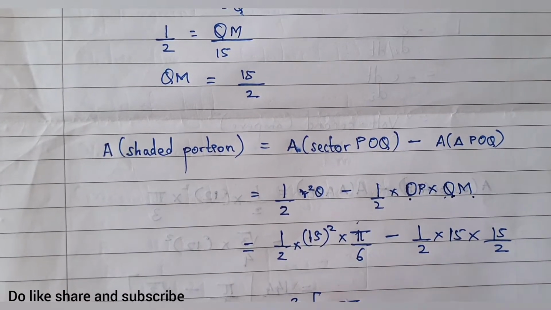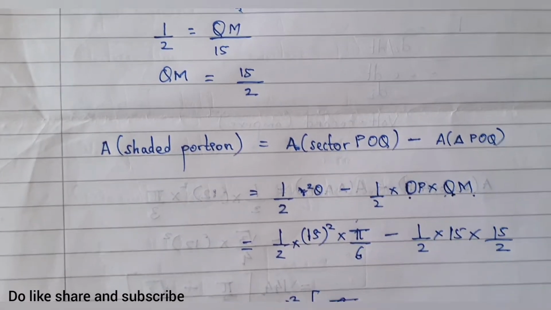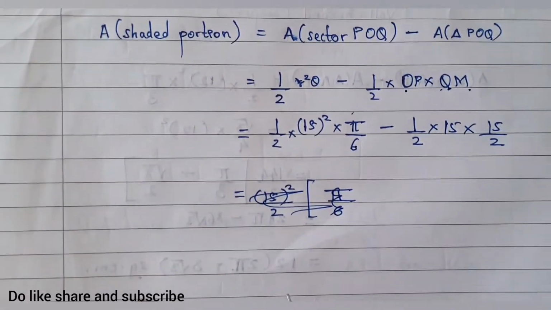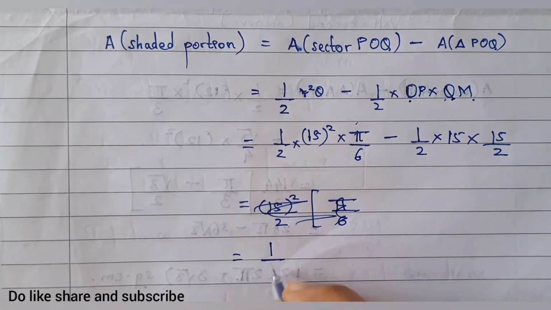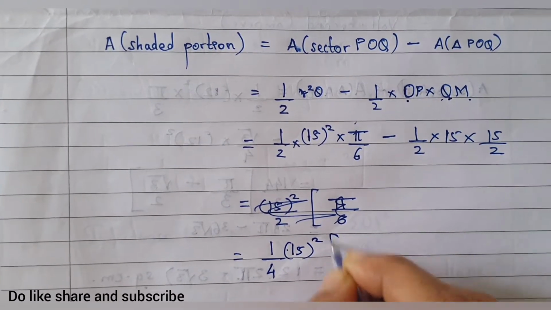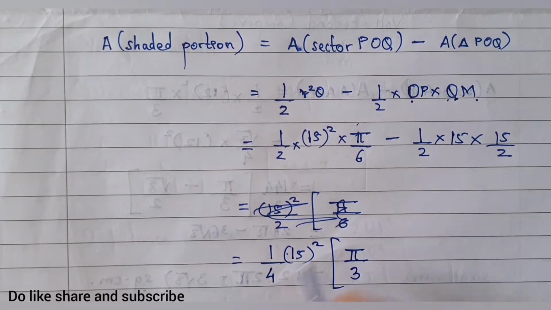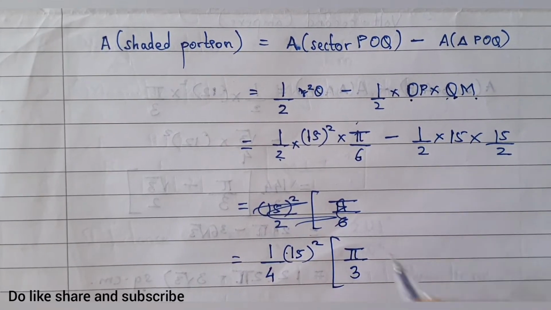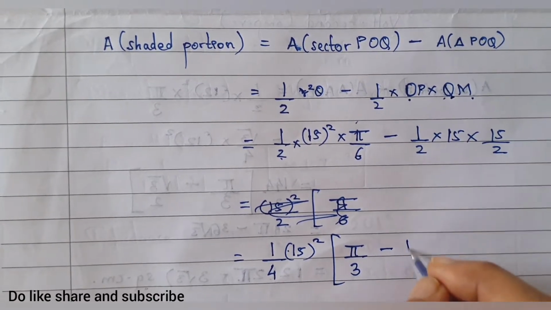Also we can take 2 common, so we write 1 by 4 into 15 square in bracket pi by 3. So 3 fourths are 12 and 6 twos are also 12, subtracted by 1.